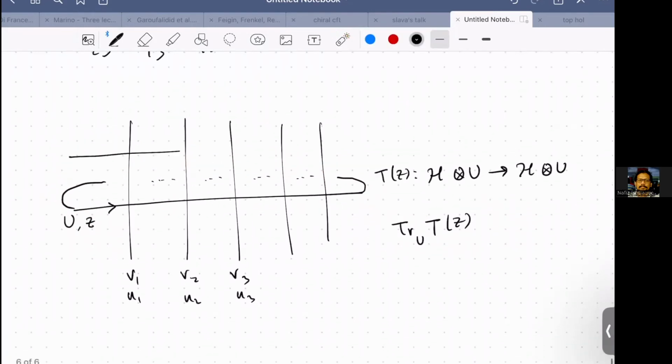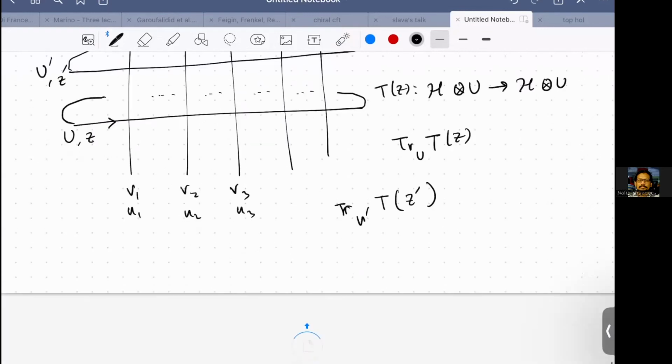Now introduce yet another auxiliary line. Let's call it U prime with spectral parameter Z prime, and again take the trace. Okay, so you have T of Z prime, take trace within U prime.